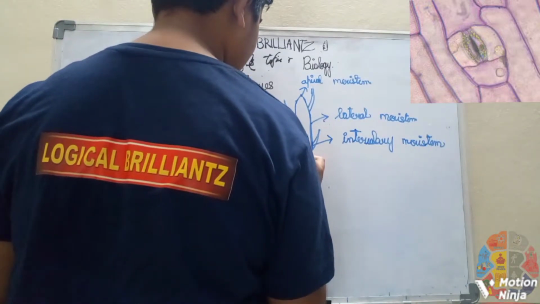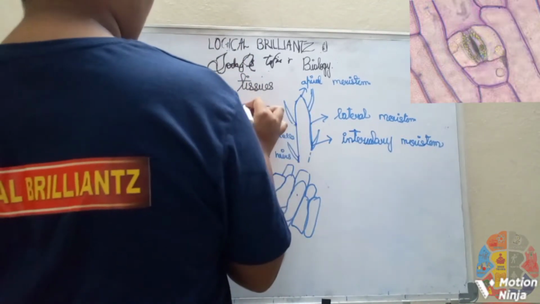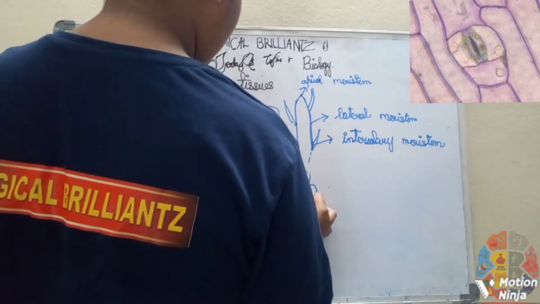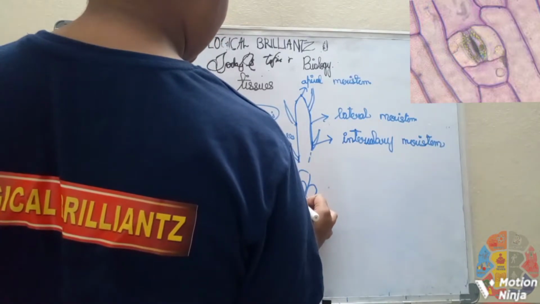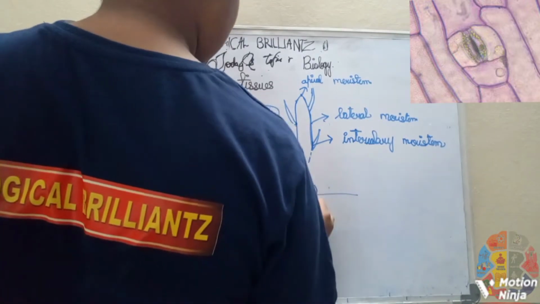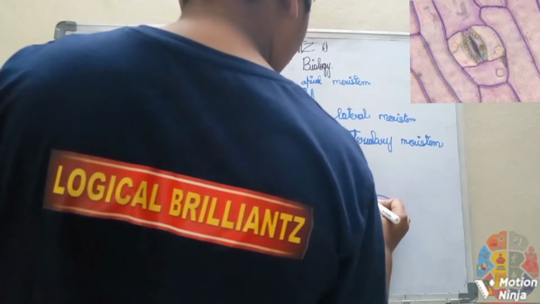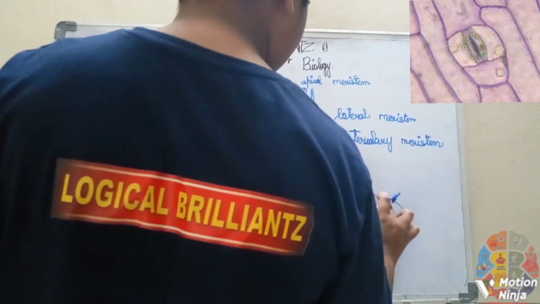Epidermal hairs. See, in the epidermis, which is the first layer of a leaf, it contains a small pore-like structure, which we will call stomata. Yes, I am drawing the stomata, so observe it carefully.